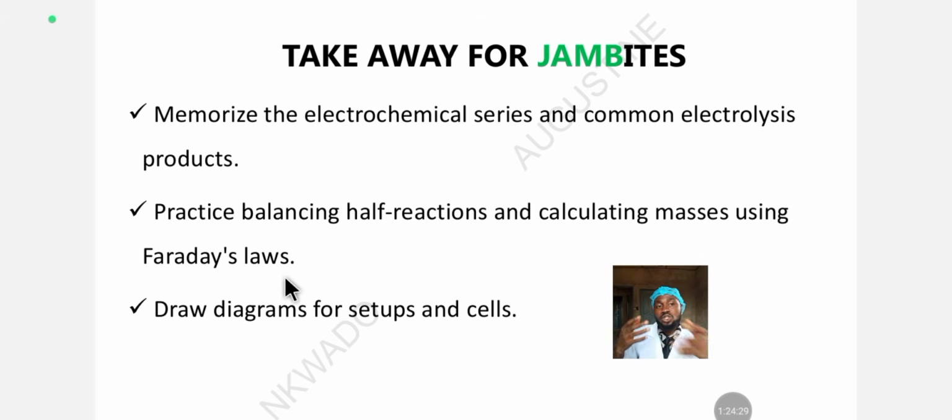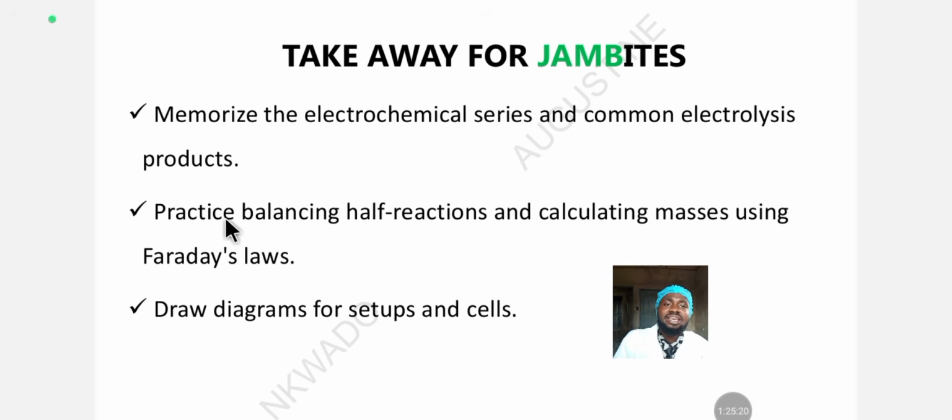Because JAMB can just bring 2 non-metals. If you don't know before, you might pick the non-metal that is not part of the electrolyte. So you are going to pick the element that is part of the electrolyte, because an element that is not part of the electrolyte will not be discharged during the electrolysis of that electrolyte. So you have to pick from the elements that make up that electrolyte using the method, like charges repel or unlike charges attract, using the cathode and anode charges and the charge on the elements as a guide.